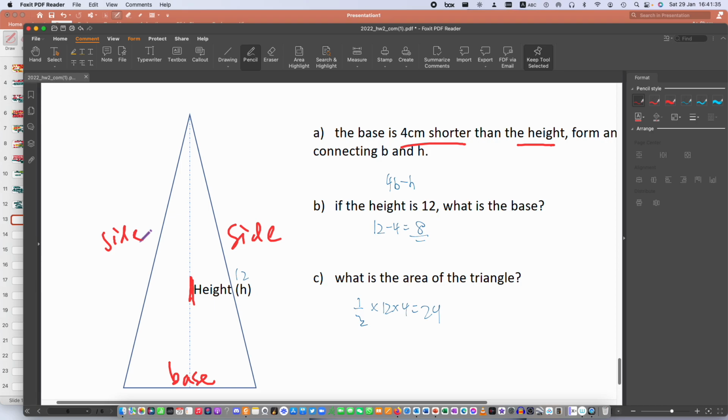The difference is 4. So what base do you choose? What small example do you give yourself? Tell me the base and the height you choose.